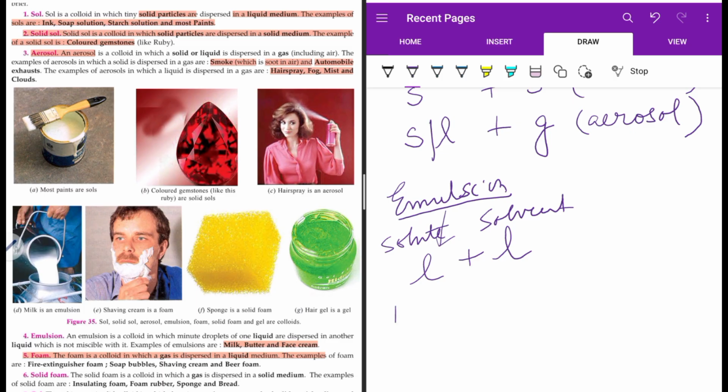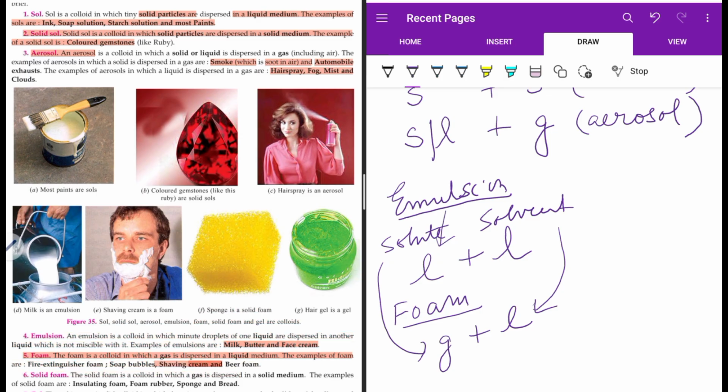Now foam, what is foam? Foam means the solute is gas and the solvent is liquid. That is forming foam. Shaving cream is a foam. Beer foam is a foam, you have seen. So now, gel. What is gel?